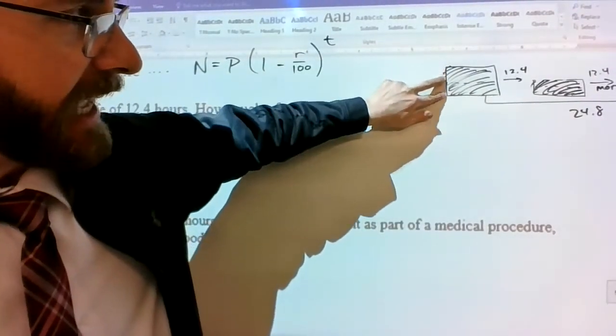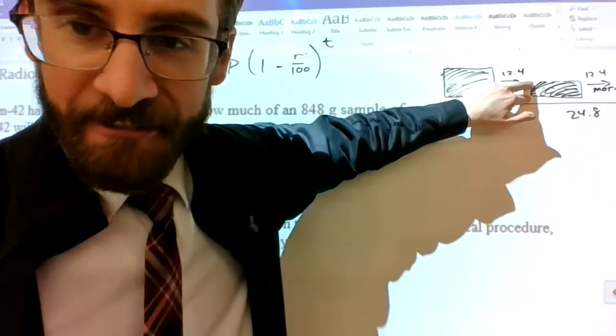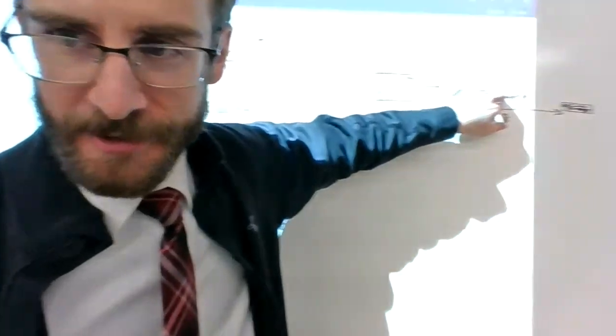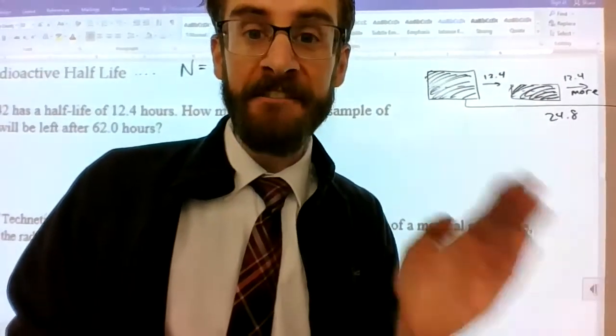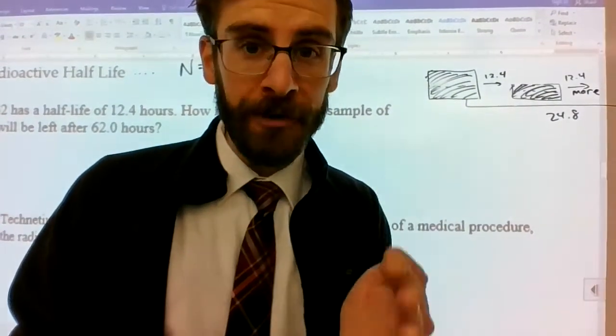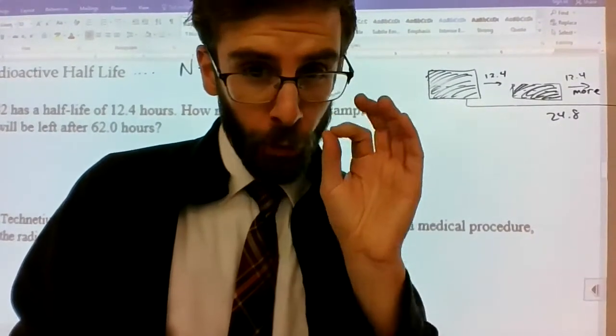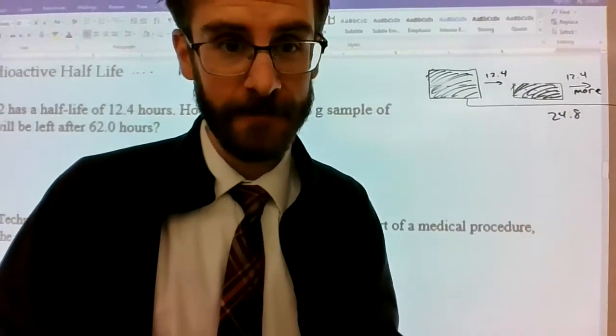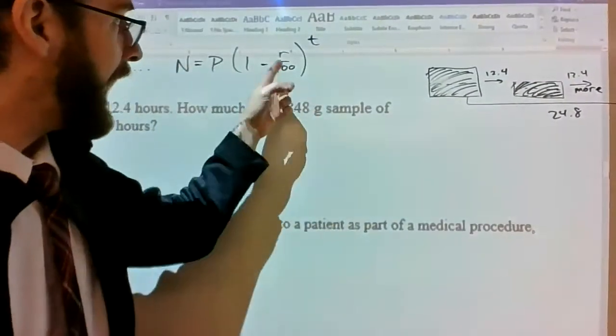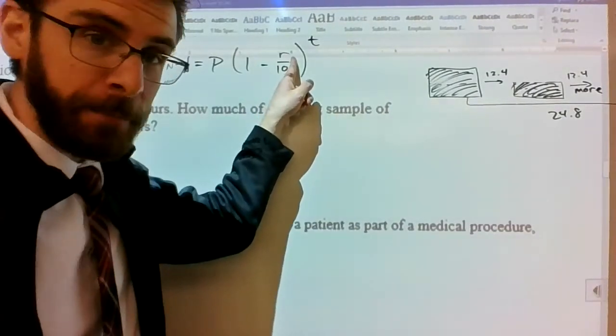The rate of decay is always half. Sorry, that didn't work out too well. So it's cutting itself by 50% every single time. The rate of decay is always 50%. So I don't have a second variable here.